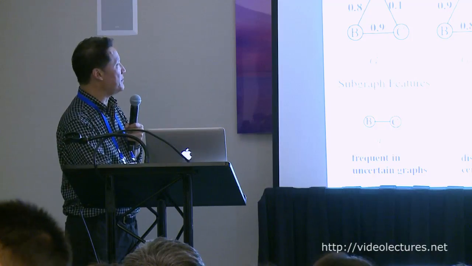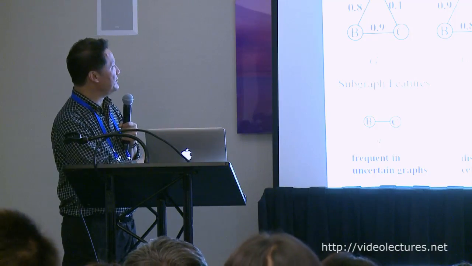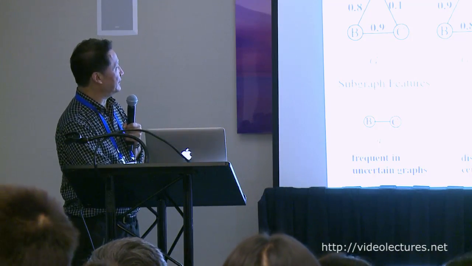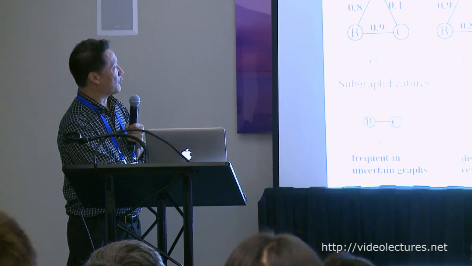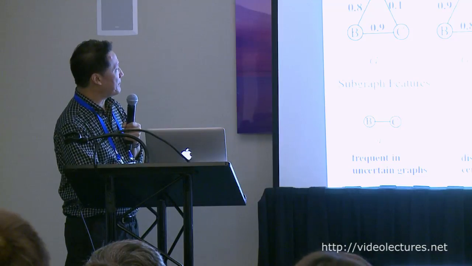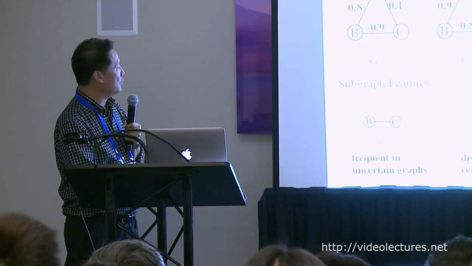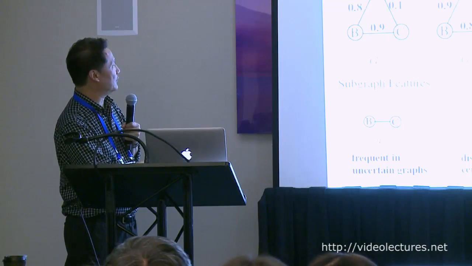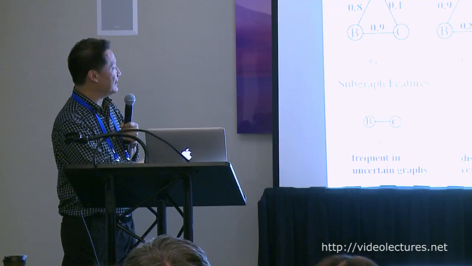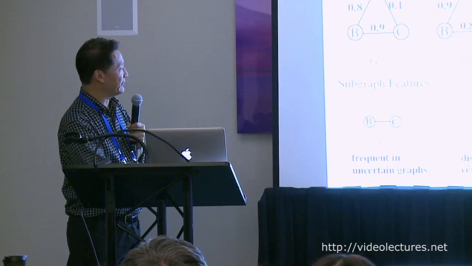But it's not a discriminative subgraph. How about AC? AC appeared in these two positively labeled graphs, not in the negative labeled graph, right? But still, this probability is very low. So it's only discriminative if we ignore the probabilities. If you view this as a certain graph, then that certainly is a discriminative subgraph.